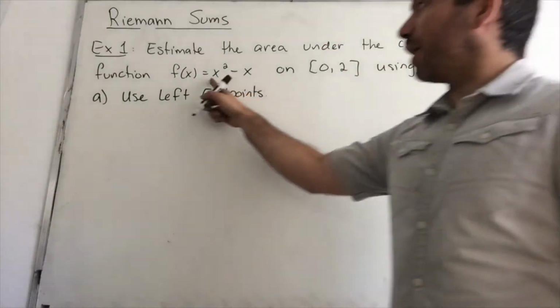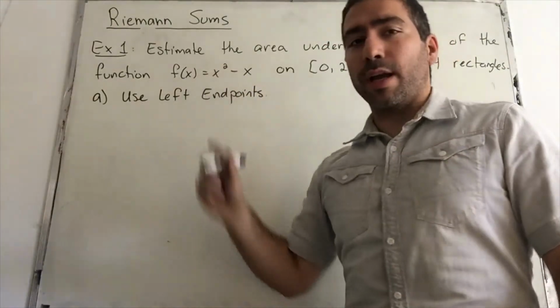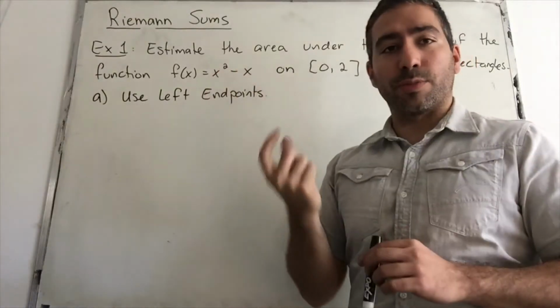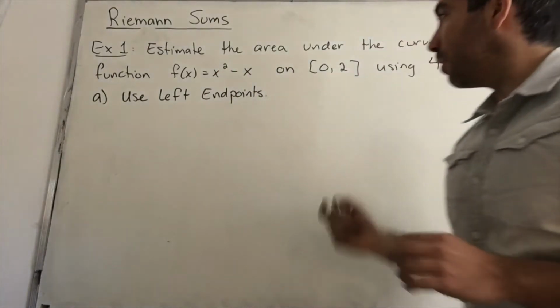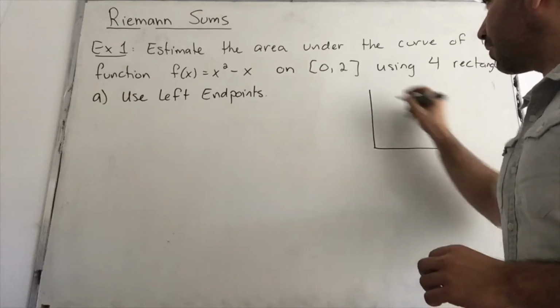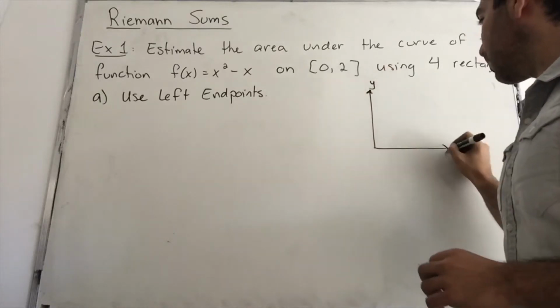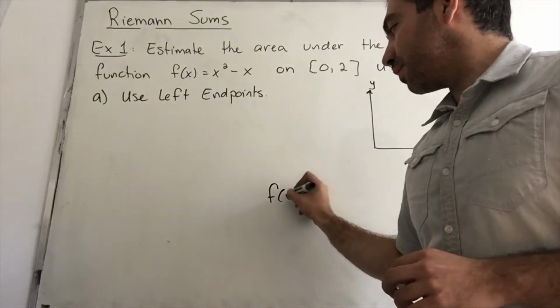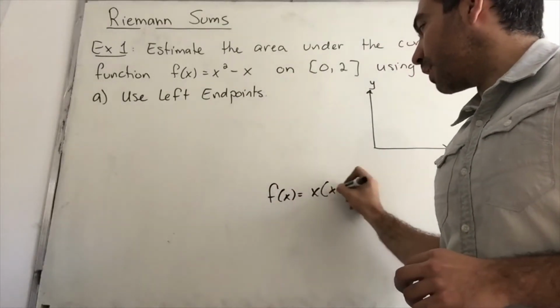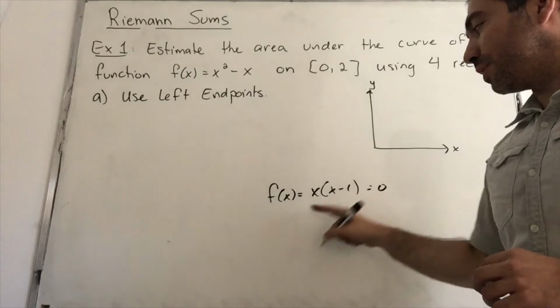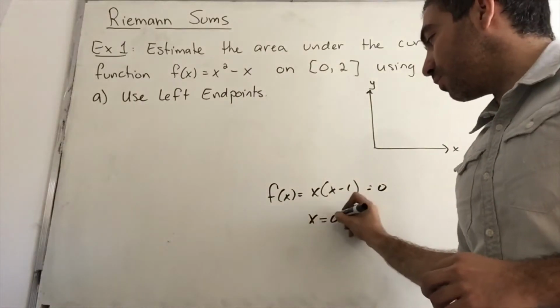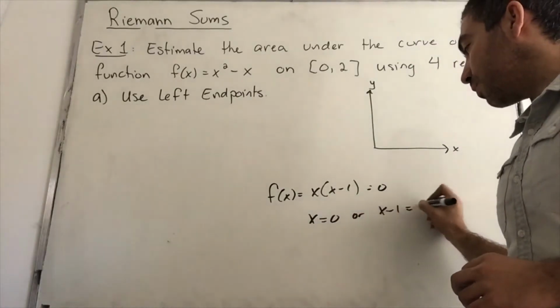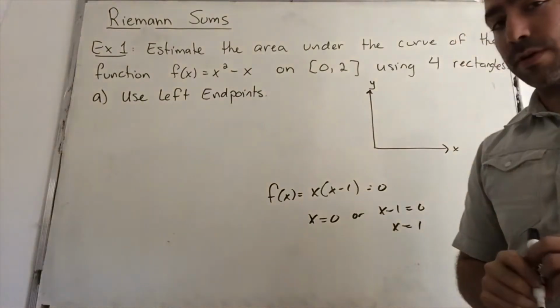This is a quadratic function. We have x squared, and the coefficient of the x squared is a 1, so it's positive. It's opening upwards. That helps us out. And if we go ahead and find our zeros, we could factor out an x, giving us f of x equals x times x minus 1. Setting that equal to 0 tells us that x equals 0, or x minus 1 equals 0, which tells us x equals 1.